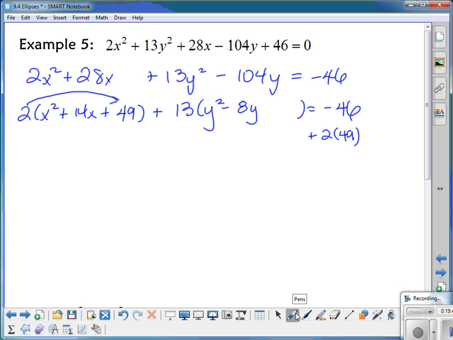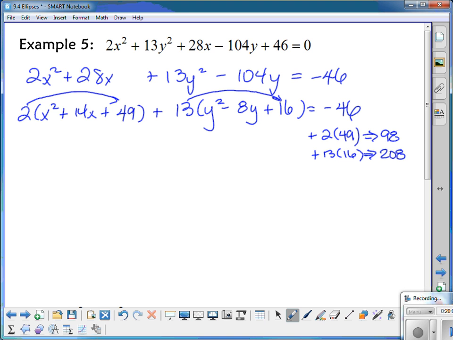And then with my y squareds, I've got y squared minus 8y. So what do I need to add? 16. But what I'm really adding is 13 times 16. So 2 times 49 comes out to 98. And 13 times 16 comes out to 208.